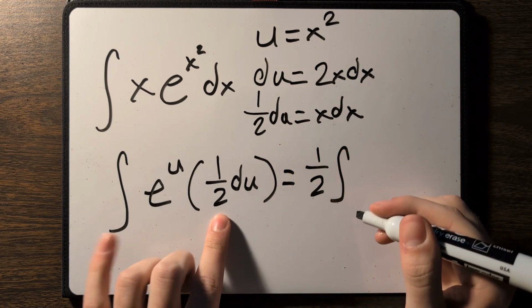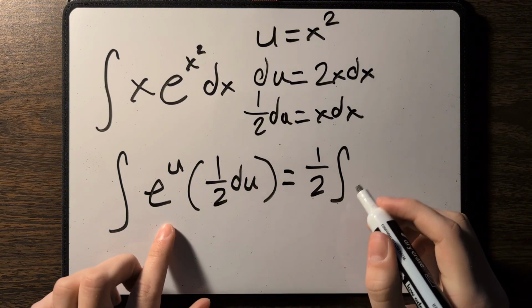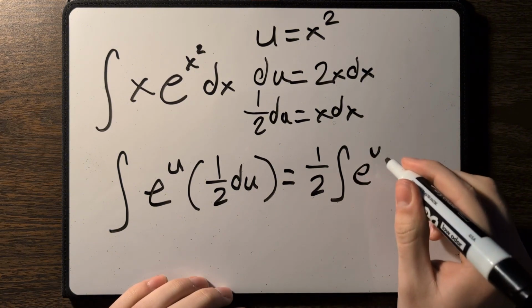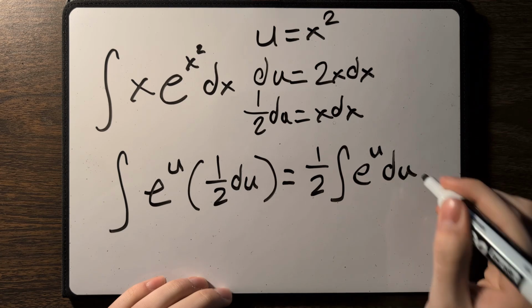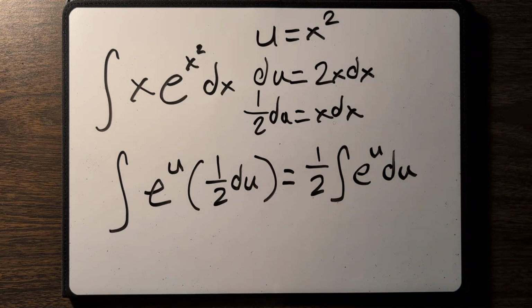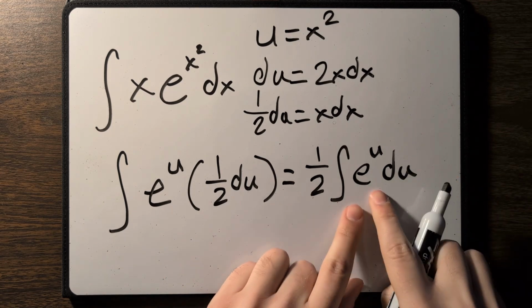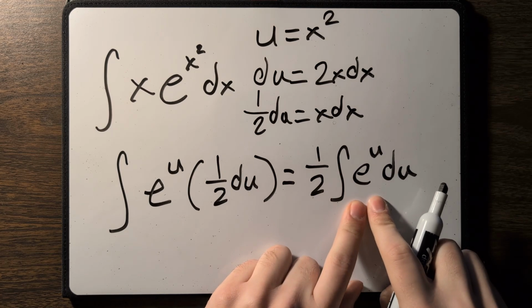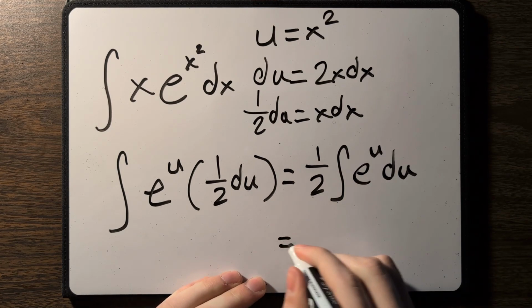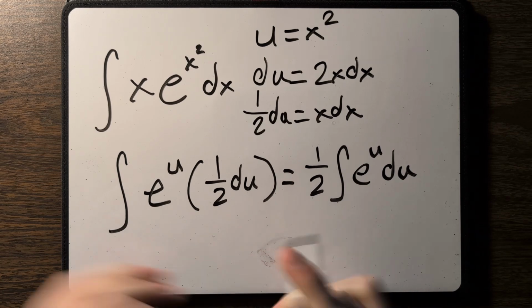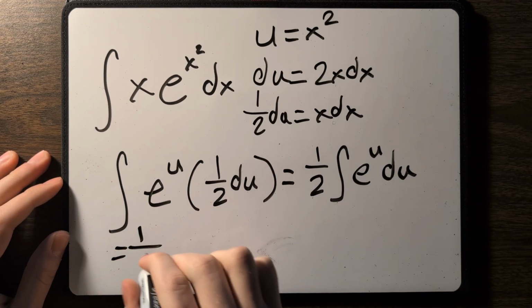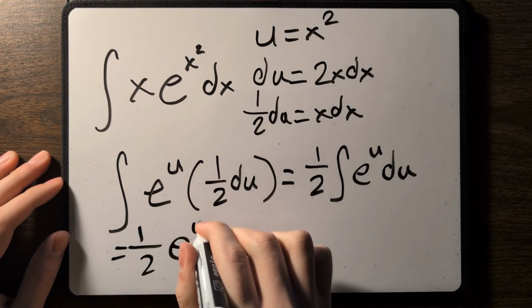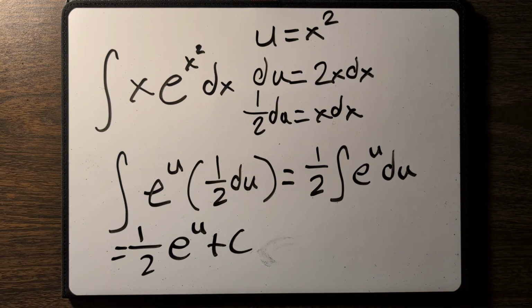So since this is a coefficient, we can bring it out front. Then we're left with e to the u du. Okay. Now this we know how to do. This is going to equal, I'll do it over here, 1/2 e to the u plus c.